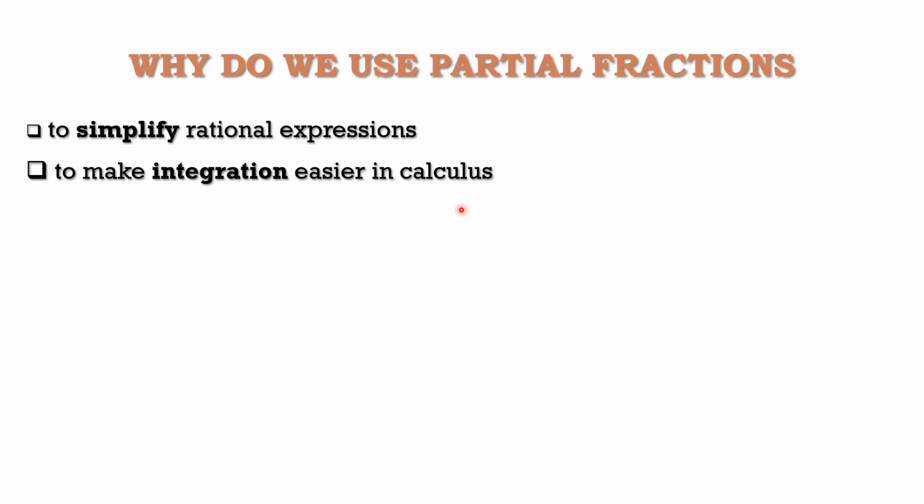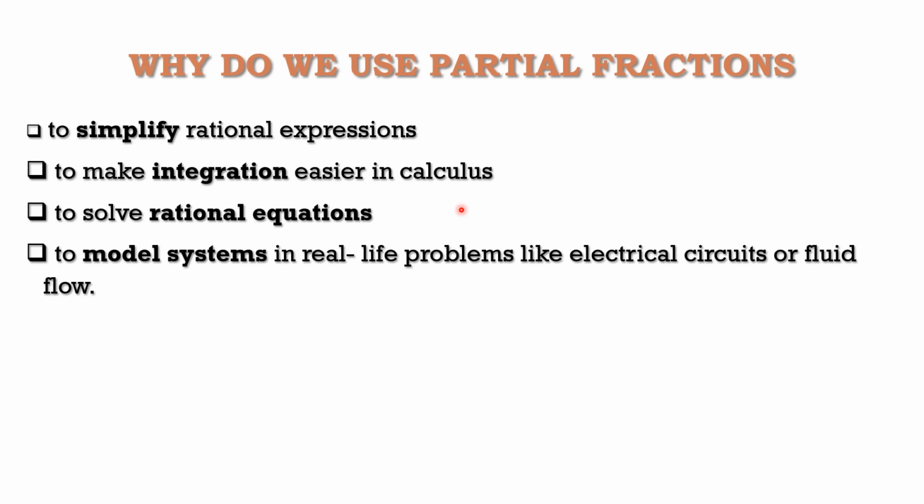When you have a rational fraction which looks complex, and you separate it into partial fractions, integration becomes easier. We also use it to solve rational equations; it makes the solution very simple. Then the third, to model systems in real life problems like electrical circuits or fluid flow.